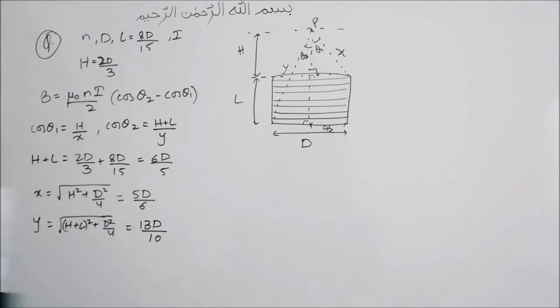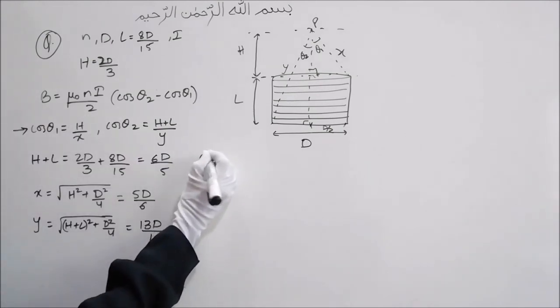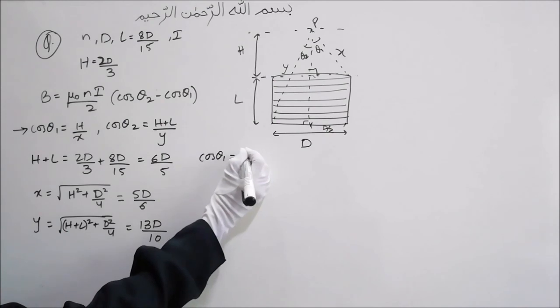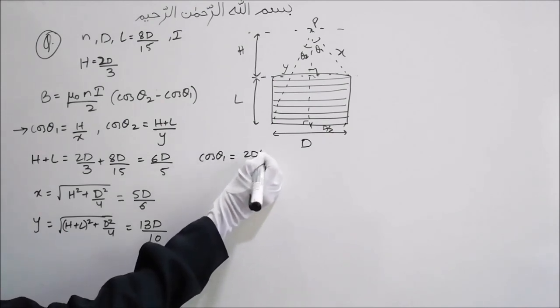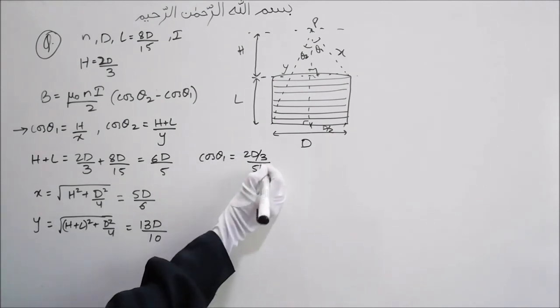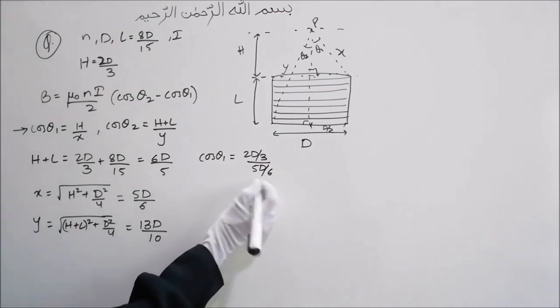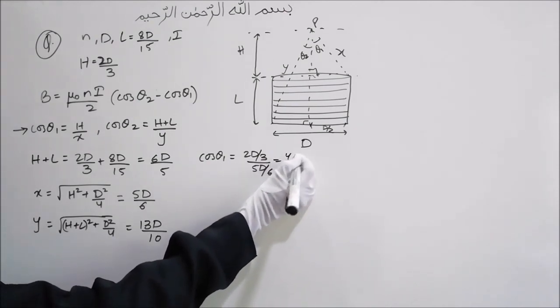So I'll put the value of x and y in this equation. cos theta 1 is equal to h, which is 2d by 3, divided by x, which is 5d by 6, and this gives me 4 by 5.